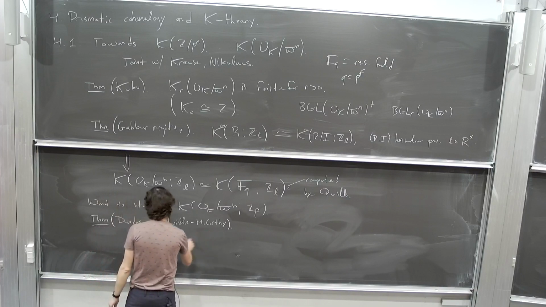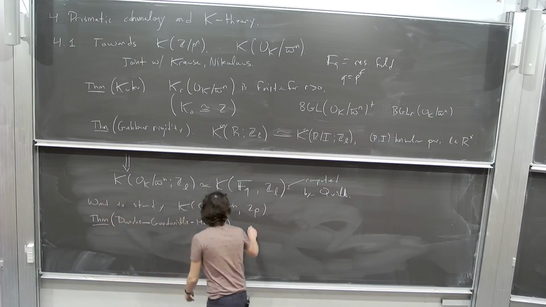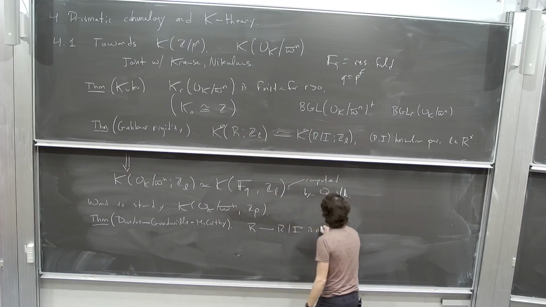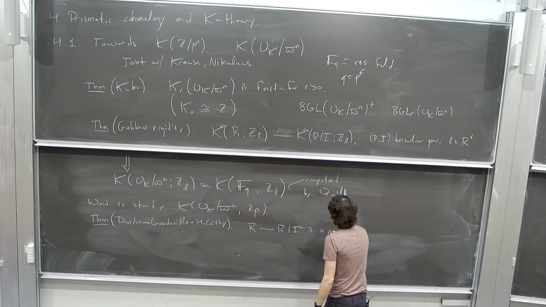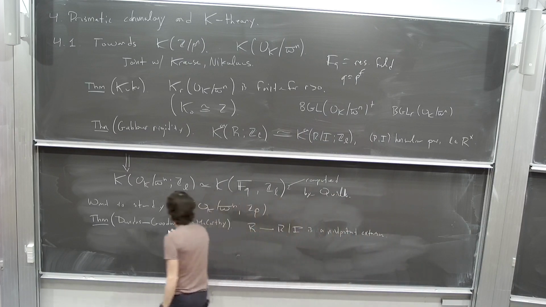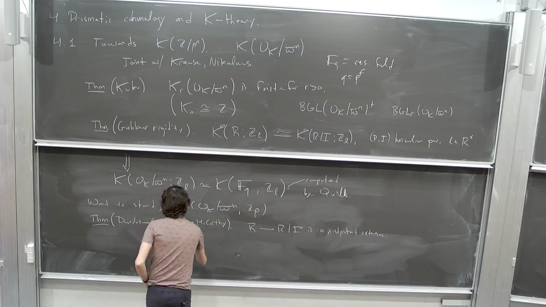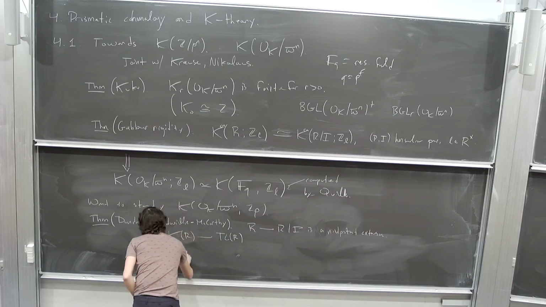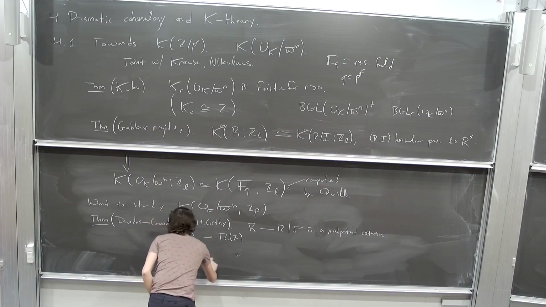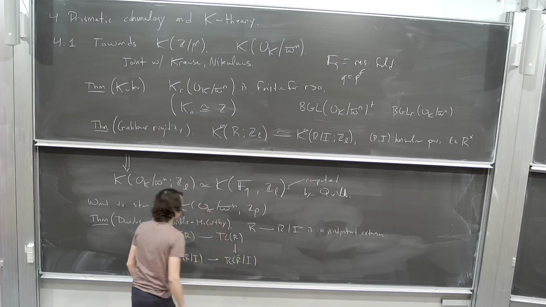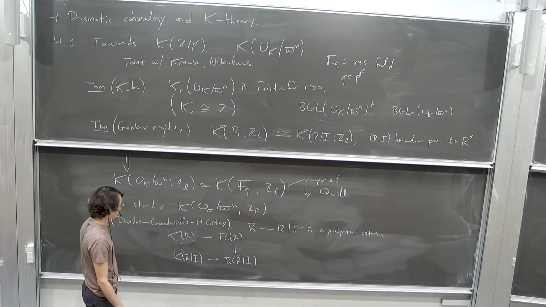And so their theorem is that if R to R/I is a nilpotent extension, then the following square is a pullback square: the K-theory of R, the TC of R, the K-theory of R/I, and the TC of R/I.